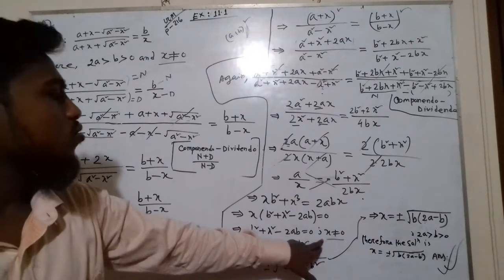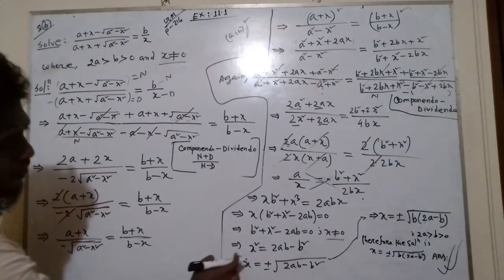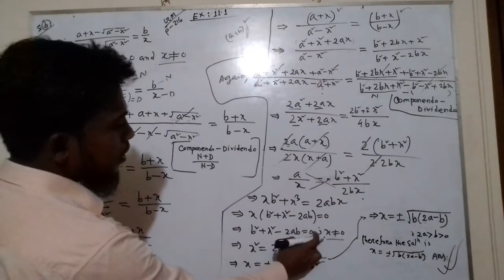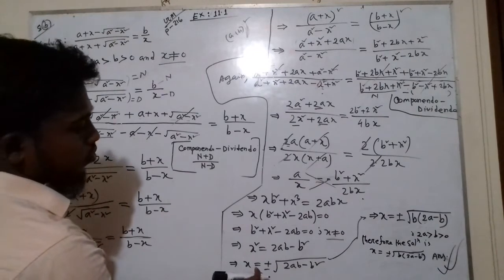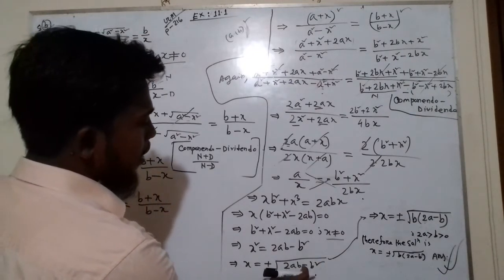I think you understood this line. Okay, now we can write x square equal to 2ab minus b square. So x equal to plus minus root over 2ab minus b square.